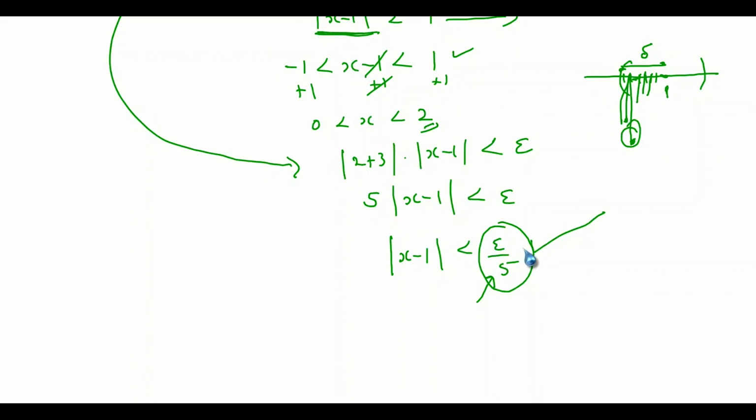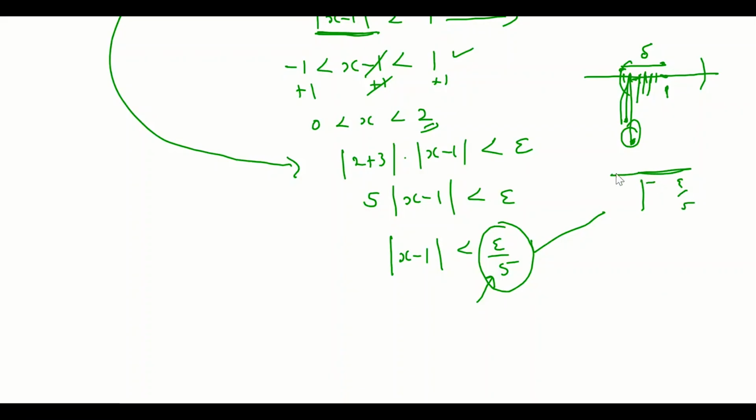Okay, so that means our delta will be between this 1, the value of 1, the unit we took towards absolute value of x minus 1, and this epsilon over 5. So delta will be in between them.